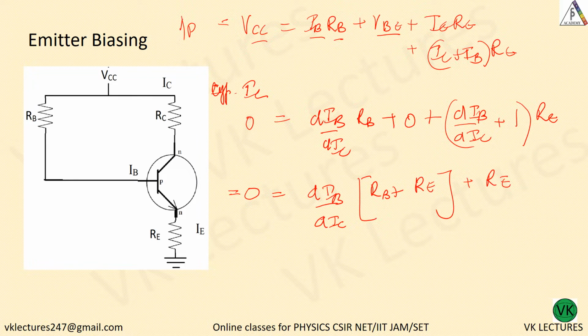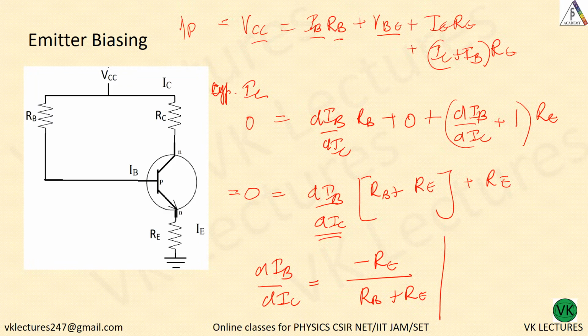I hope you are getting it. So this particular quantity dIB by dIC is equal to minus RE divided by RB plus RE.